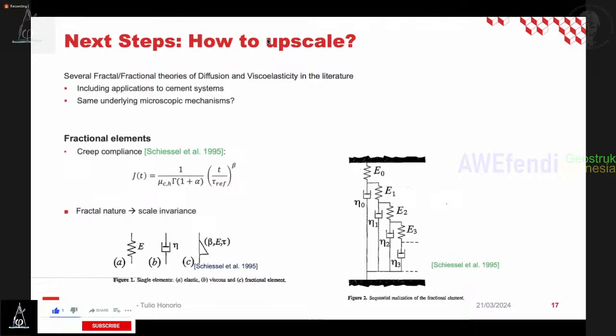And you can, for example, propose a Maxwell, a Voigt, etc. model with fractional elements that would correspond to something like this, which is a fractal arrangement of the spring and the dashpot. And to do the analogy at the molecular scale, that could be seen as how each dipole, so how each water molecule, would relax and contribute to elasticity. So there are interesting things to be done, in my opinion, but it's really an idea in the oven.